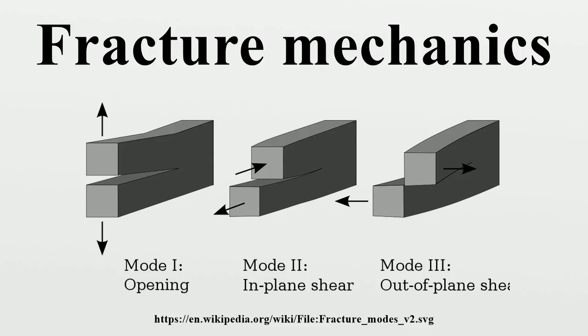Strain energy release. Irwin was the first to observe that if the size of the plastic zone around a crack is small compared to the size of the crack, the energy required to grow the crack will not be critically dependent on the state of stress at the crack tip. In other words, a purely elastic solution may be used to calculate the amount of energy available for fracture.